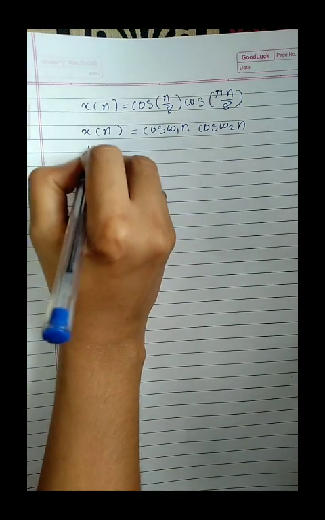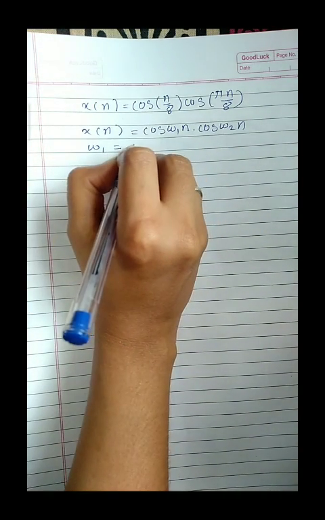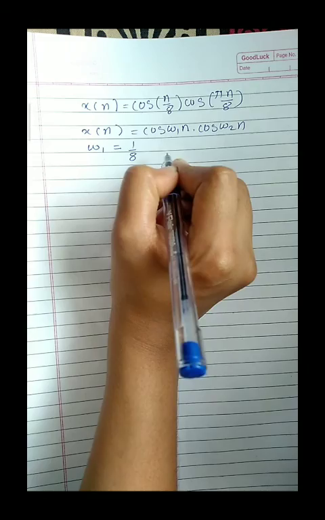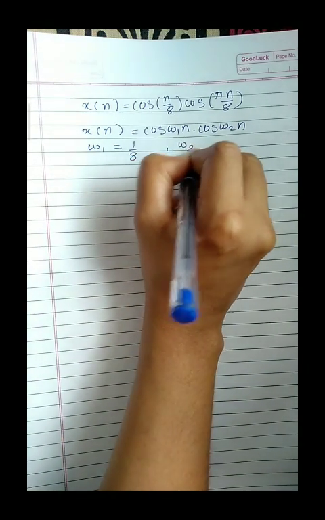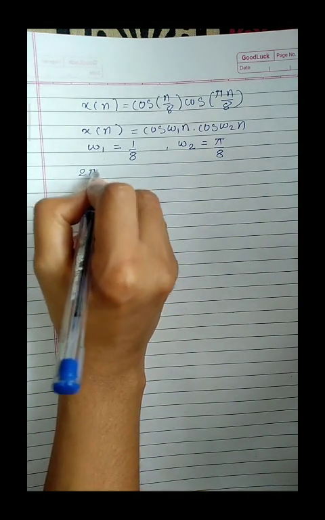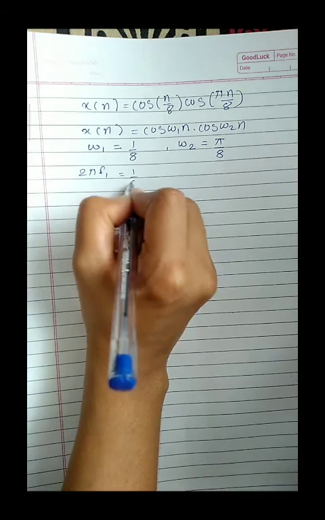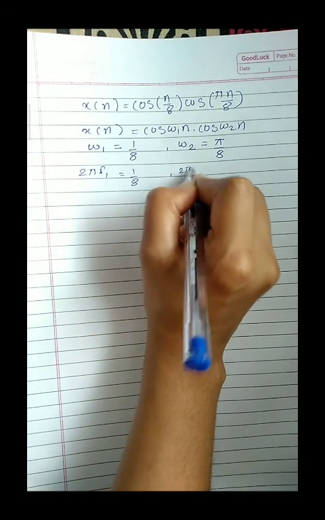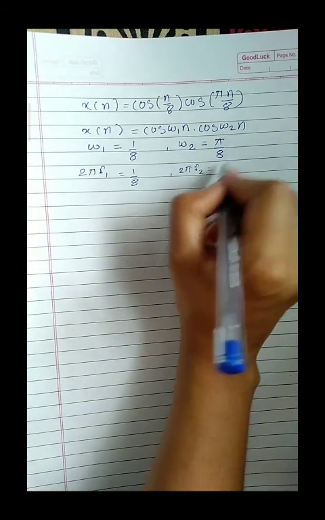Right? Omega 1 is equal to what? 1 by 8. And omega 2 is equal to what? Pi by 8. Omega means what? 2 pi f1 is equal to 1 by 8. 2 pi f2 is equal to pi by 8.